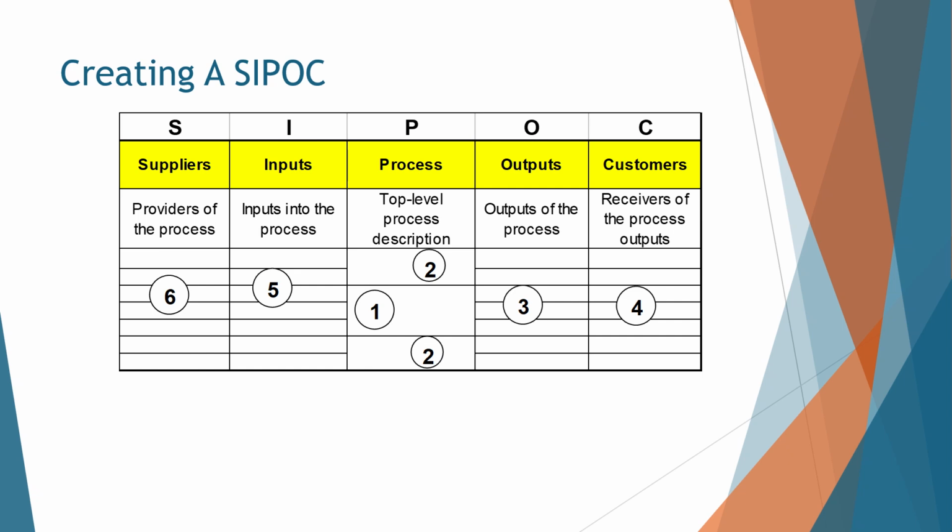S stands for suppliers. These are the providers of the process. I is for inputs. Inputs into the process. P is the process. Top level process description. So you're going to have process step number 1, process step number 2, process step number 3, and then you have outputs. Outputs of the process, and then who are your customers? Customers are the receivers of the process outputs.